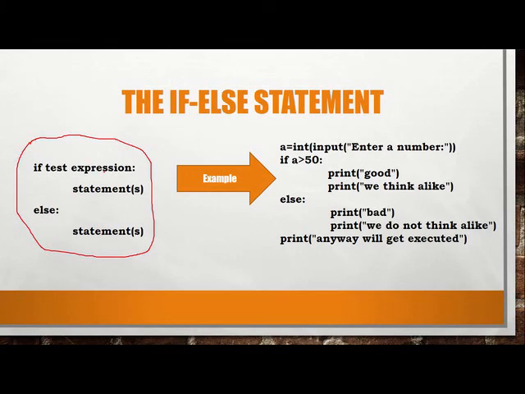Whereas in the if-else statement, if the test expression is satisfied, that is if it results to true, the statements inside the if block will get executed, and if this test expression results to false, the statements inside the else block get executed.